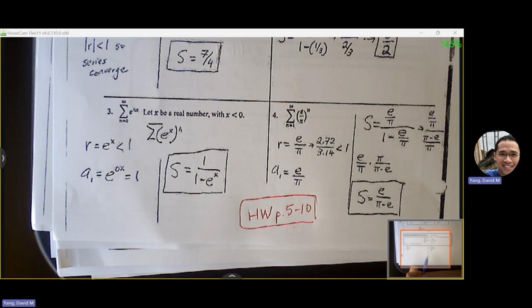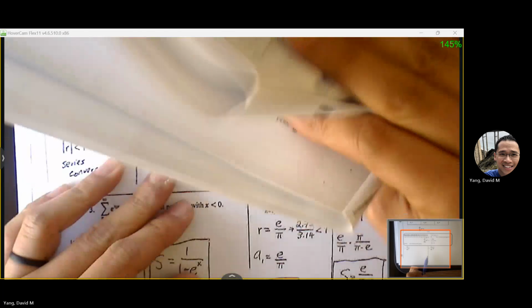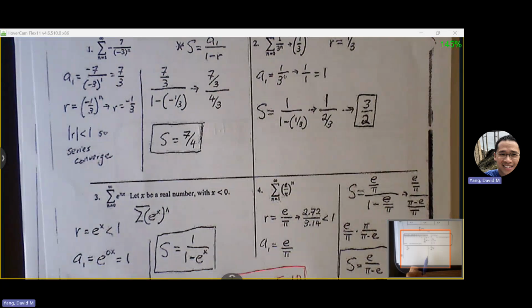Let's go to our polar area worksheet. And I want us to try 37 and 38 on the third page of your worksheet there.